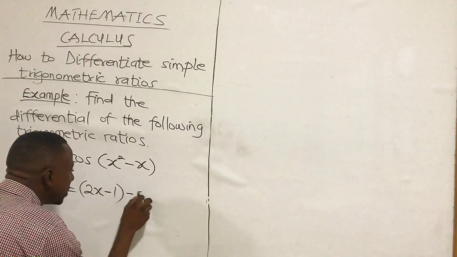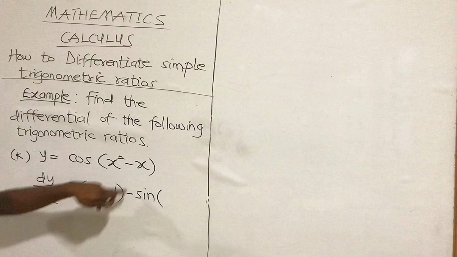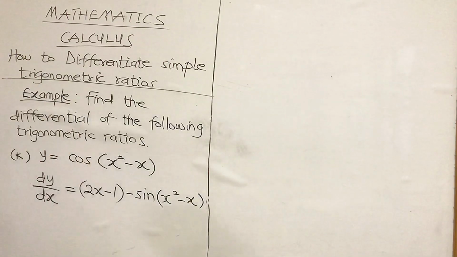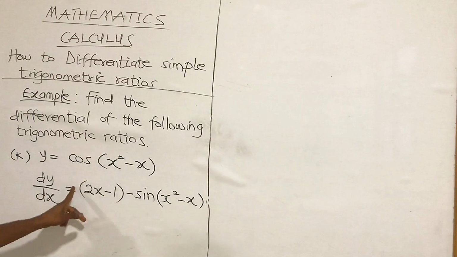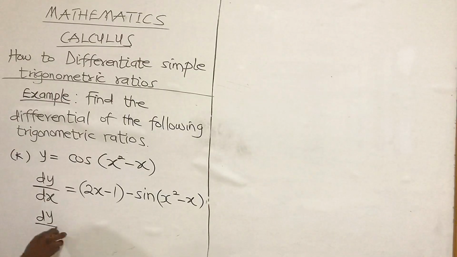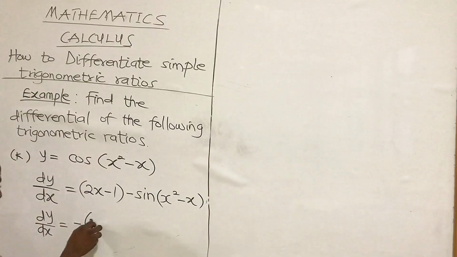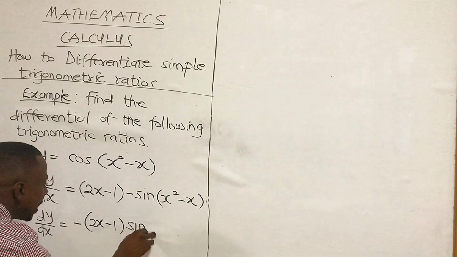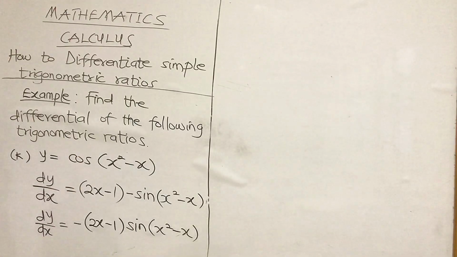We are getting negative sine multiplying the whole function, which is x squared minus x. And because we have negative here, we are going to bring it in front of the whole term. So dy over dx is going to be minus bracket open 2x minus 1 multiplying sine x squared minus x.